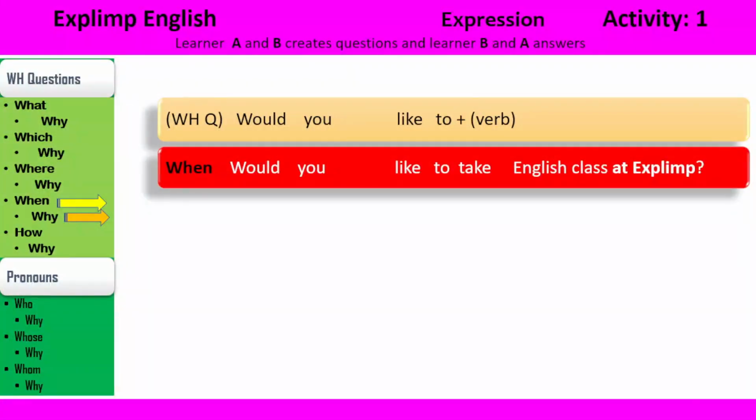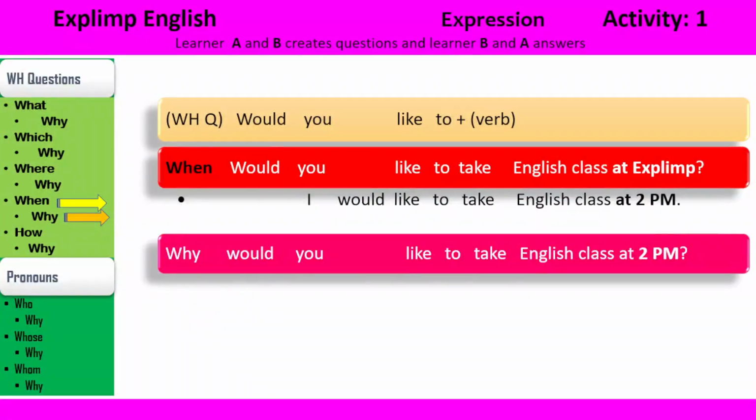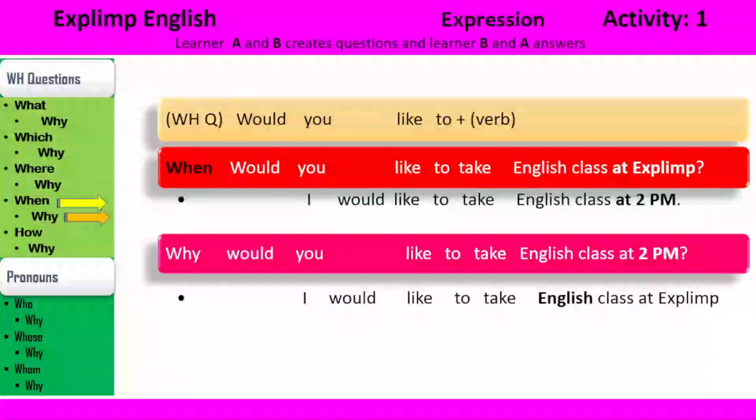The first question is, when would you like to take English class at Explimp? I would like to take English class at 2 p.m. Okay, so why would you like to take English class at 2 p.m.? And the answer is, I would like to take English class at Explimp at 2 p.m. because I'm free at 2 p.m. Unfortunately, I haven't written in the first sentence 2 p.m. but in the last sentence you can see it here, okay?